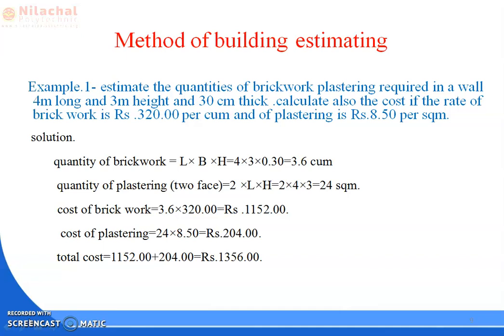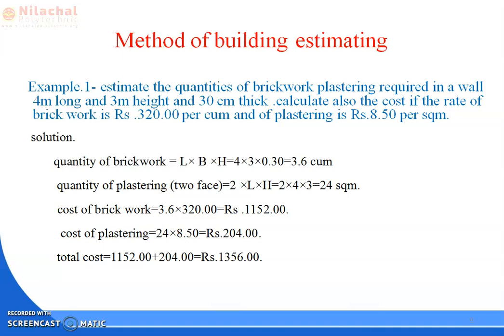Then the cost of brickwork. The question also asks us to calculate the cost at the given rates of brickwork and plastering. First we get the quantity, then we go through the cost of brickwork. Here the cost of brickwork per cubic meter is 320 rupees.